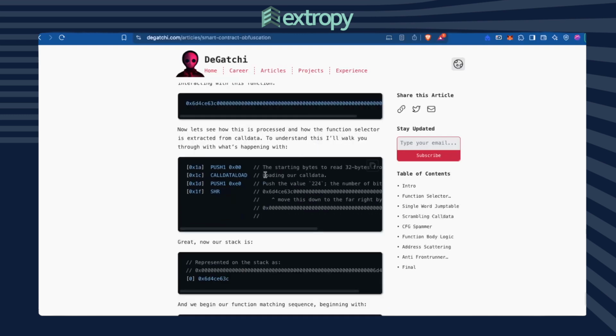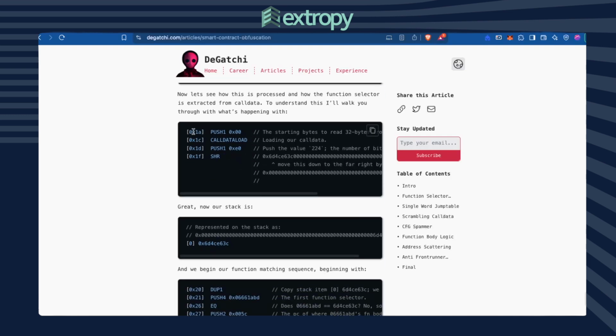What he talks about here is getting the function selector from the call data. So in the call data, in the thing that you receive from the transaction, the first 4 bytes of that are going to be the function selector.